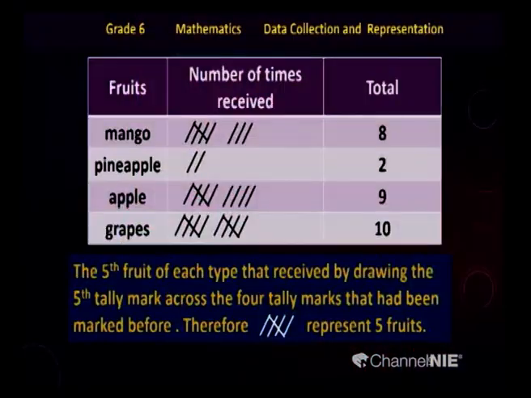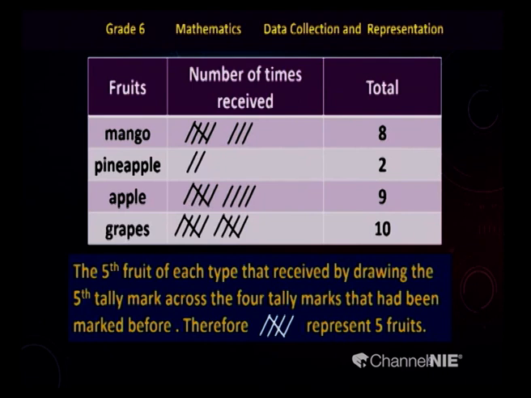Okay, children, we'll see this table. Here, this mango total is 8. What is the special thing you can see here? I have gathered 5 tallies together. After the 5th fruit of each type received, you draw the 5th tally mark across the 4 tallies.